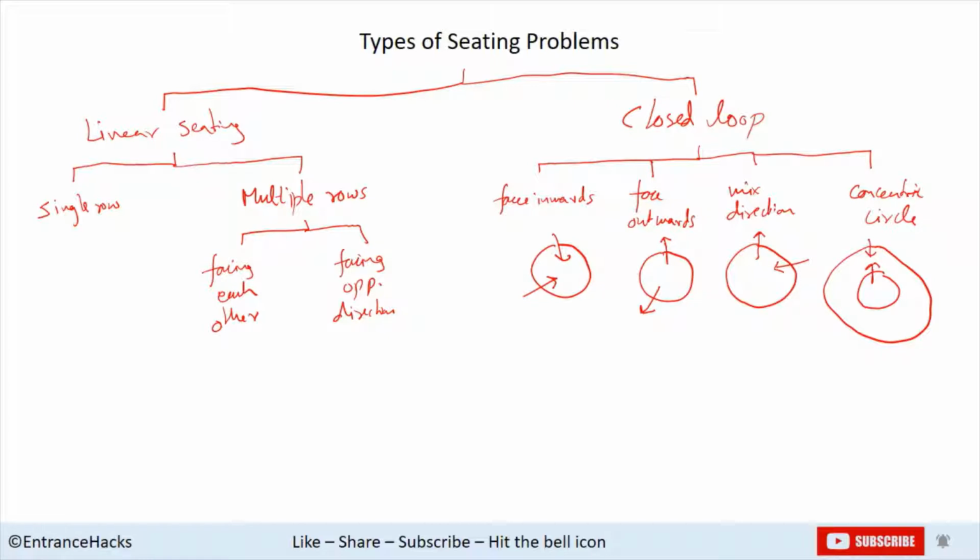Then coming to multiple rows, facing each other means suppose there are two rows, so people could be facing like this, or people could be facing away from each other. In a single row also, we have problems in which people are facing just one direction, like this.